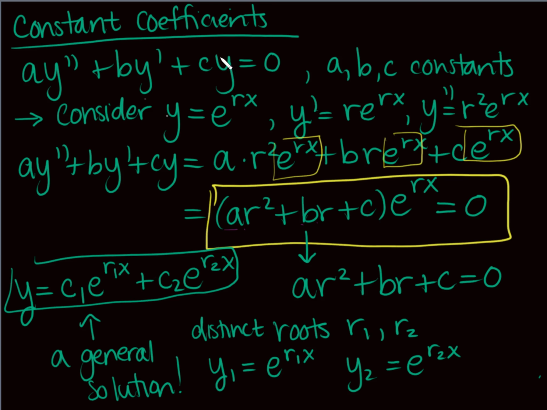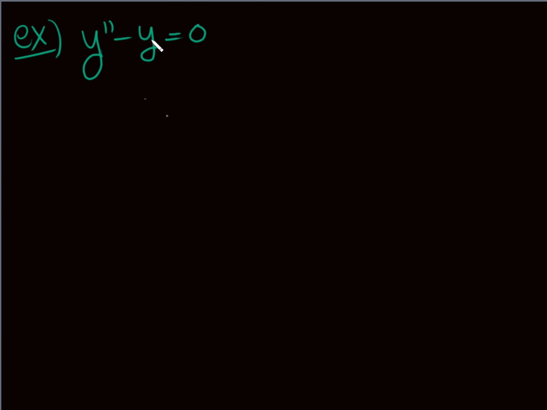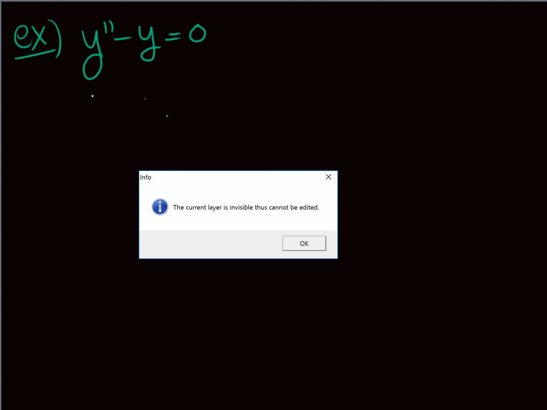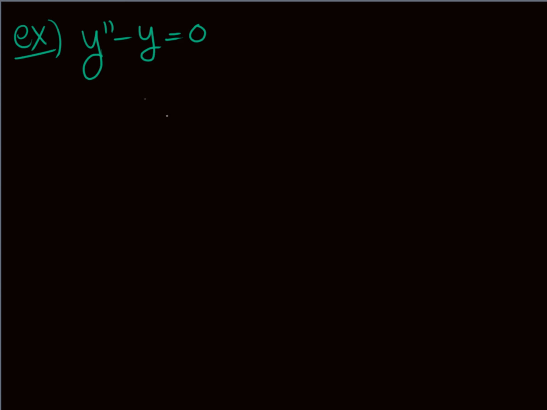What you want to remember is that y basically corresponds to r to the 0, y prime corresponds to r to the 1, and y double prime corresponds to r squared, because you have to be careful to not let that y become an r.